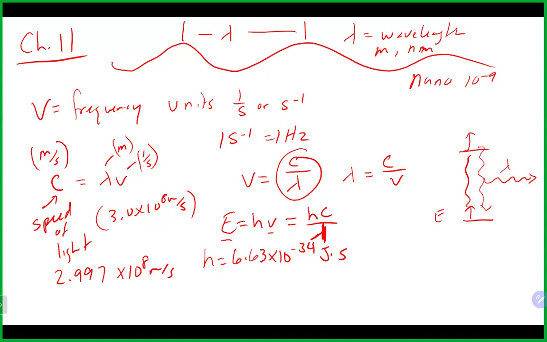Now, as that happens and as energy is being released, it will have a certain wavelength, and it could fall somewhere on what we talked about, which was the electromagnetic spectrum.